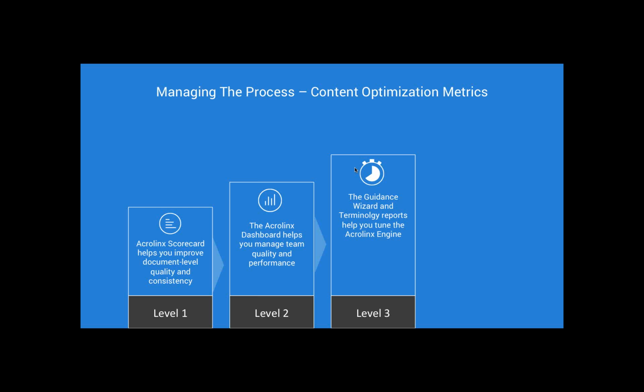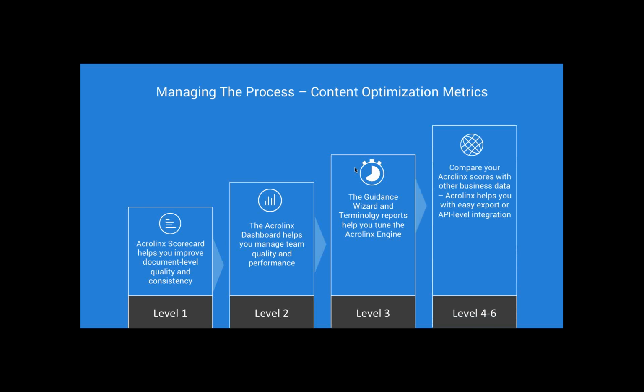Now, this opens up the door to a whole host of other interesting conversations. And this is really where you get to this kind of level 4 through 6. It's a couple different levels, and we're not going to get into each of them. But think about this. Once you have this objective score, what do you want to do with that? You want to compare that content quality to business performance.